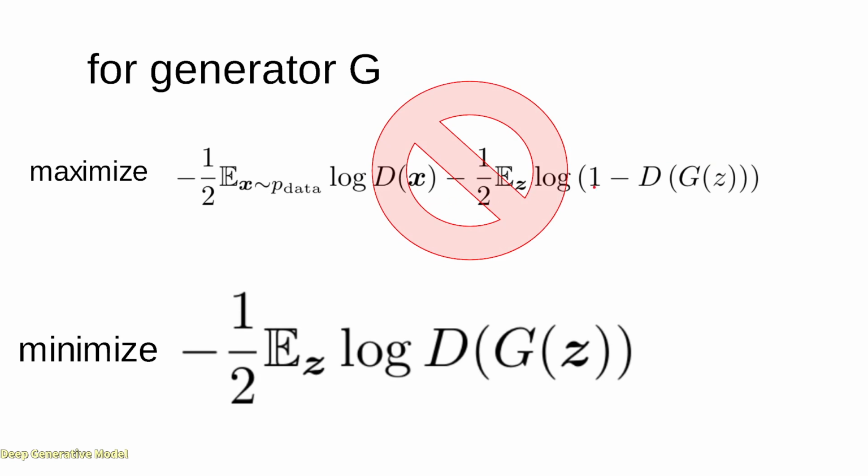The reason is that G is going to try to cheat the discriminator. So the goal of G(z) is to output something so that D will output 1. So 1 minus 1 is 0, and log 0 becomes infinite.